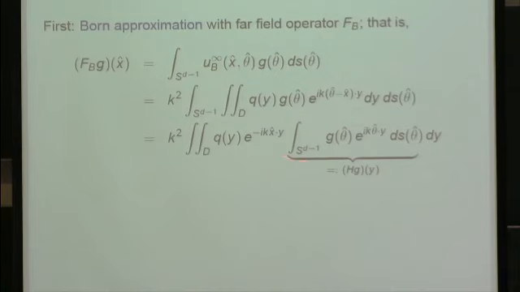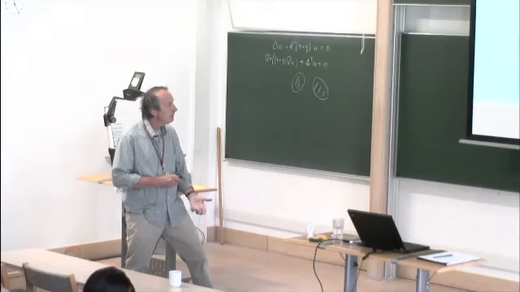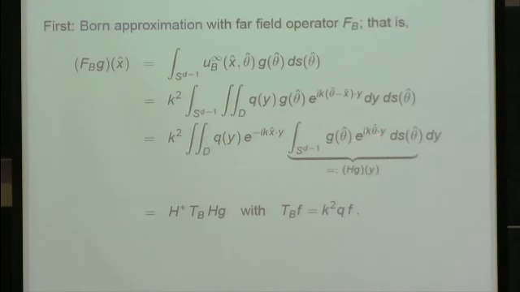Here y is in the region D, and the integration is over the sphere. If you take the adjoint of that integral operator, you have the integration over D, and you have to take the complex conjugate of the kernel, which is here.